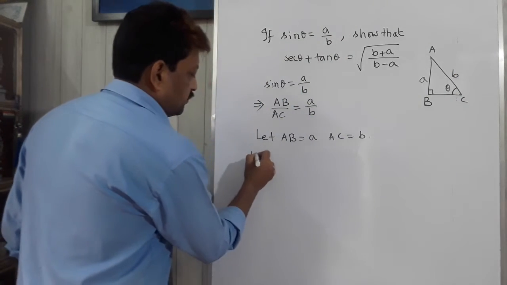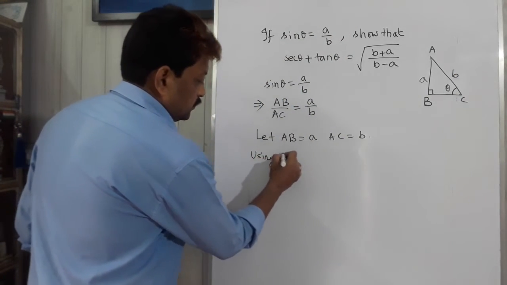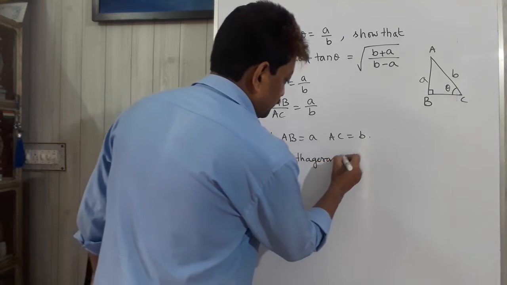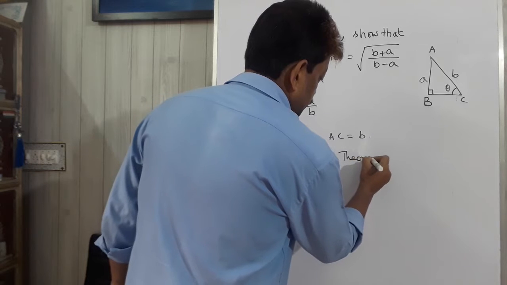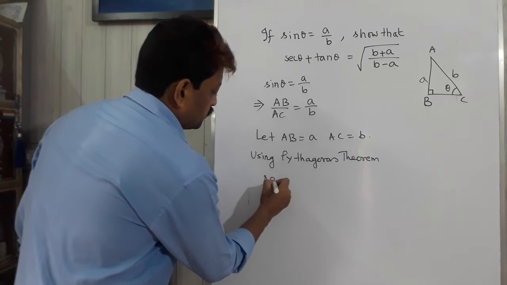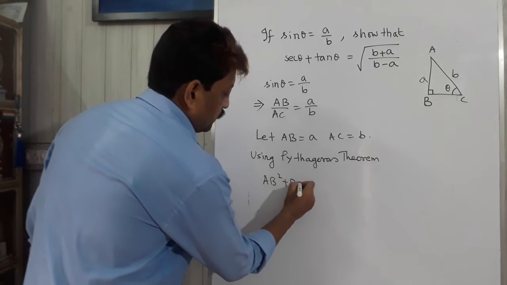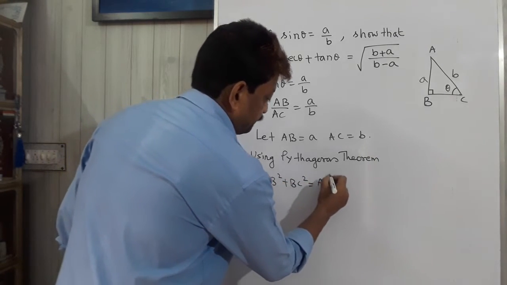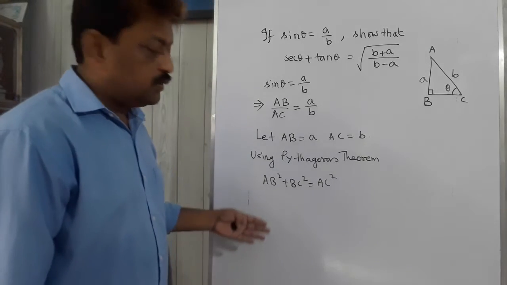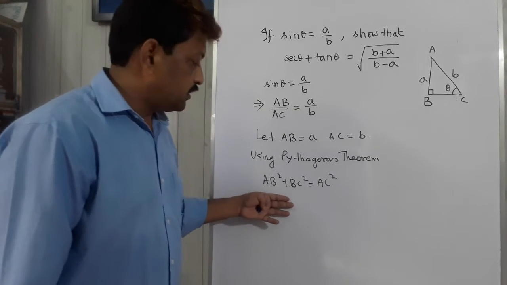Now using Pythagoras theorem, it will be AB square plus BC square equals AC square. Now why am I doing this?